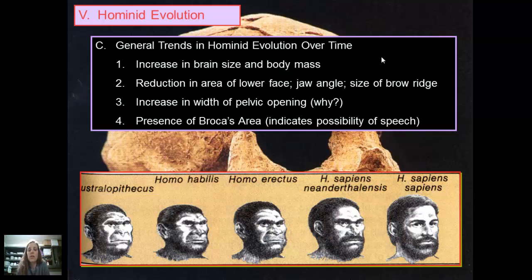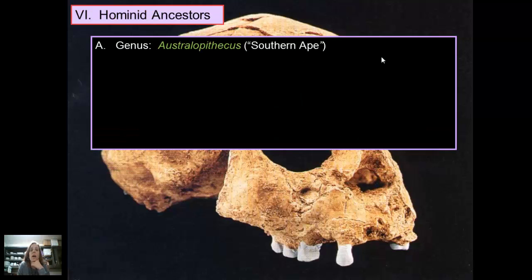This is an artist's interpretation, based on fossils that have been found, of the physical evolutionary changes that have occurred to hominids over time. Australopithecus, which stands for southern ape, is the first known hominid to be found.